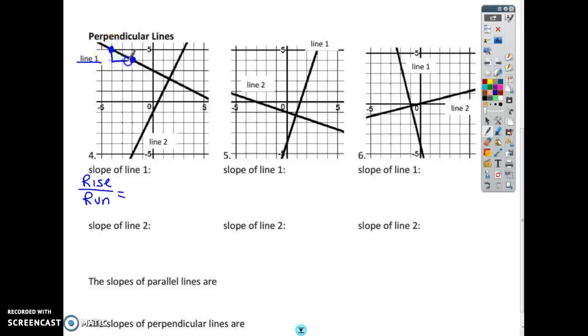Down and to the right. So how much did I go down? How much is my rise? Negative 1. How much is my run? 2. Okay, and if you put this in the calculator, negative 1 divided by 2, math, enter, gives you the same thing. So the slope of line 1 is negative 1 over 2.